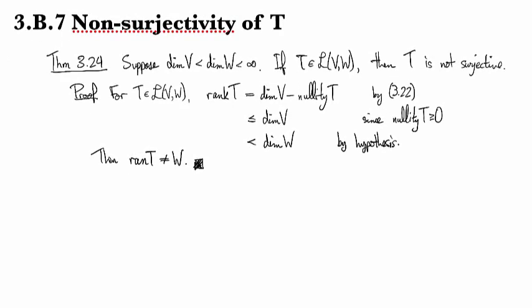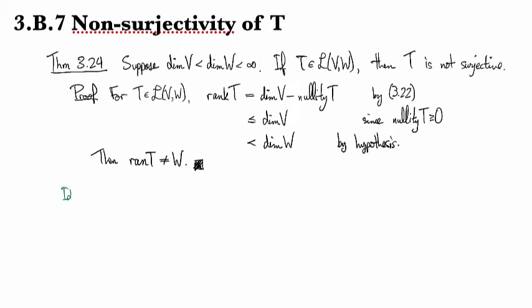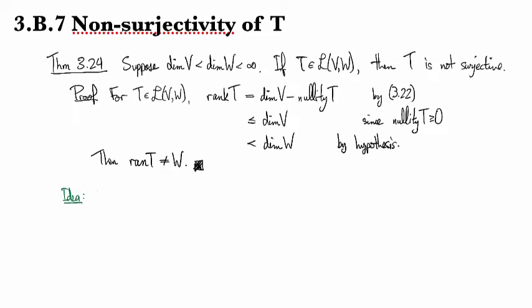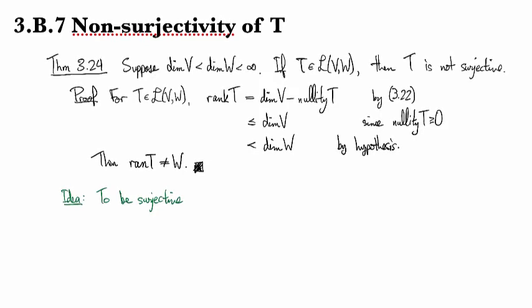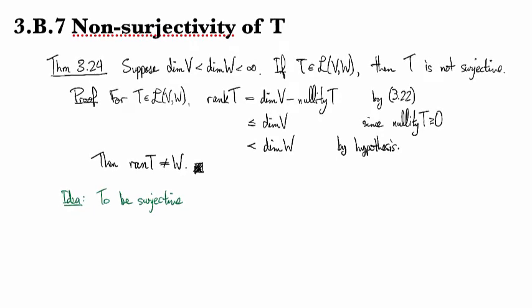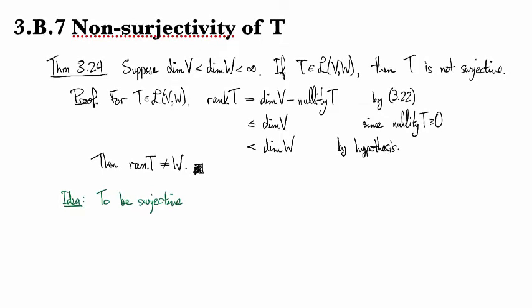Okay, and so also, just like the previous one that we were looking at, the idea that you should have in mind is best understood in terms of finite sets. So to be surjective, a function needs to be going from a set with at least as many points in the domain as in the codomain, or there's no way that it can be surjective, right? And so here we're looking at vector spaces, so there's an infinite number of elements of each vector space.